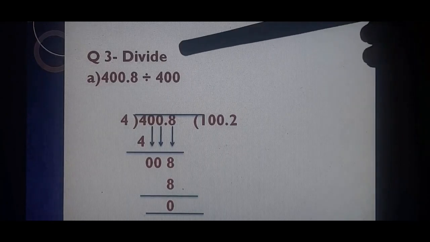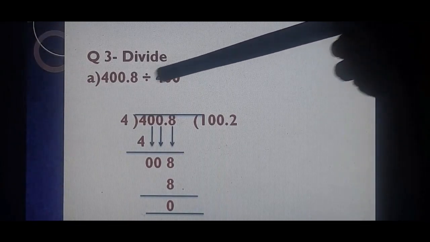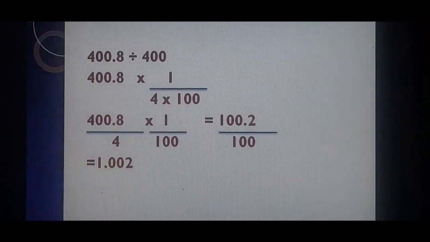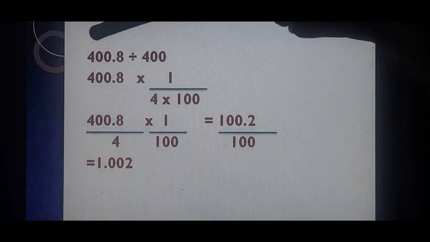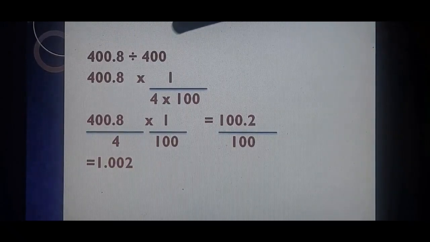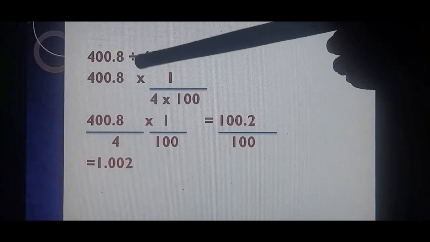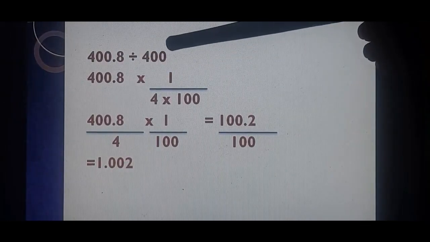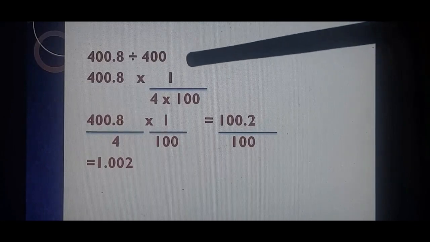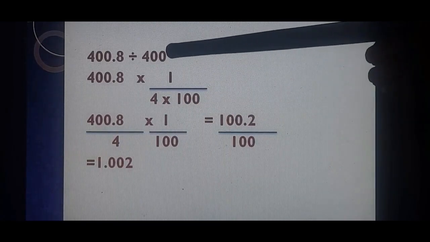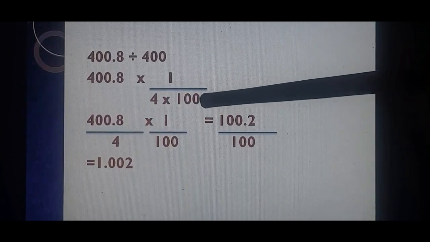Now we have to say this division was with 400. We have done with 4. So write down the question again. 400.8 divided by 400. Division is replaced with multiplication. So this 400 upon 1 will become 1 upon 400. We will take reciprocal. 400 can be written as 4 into 100.